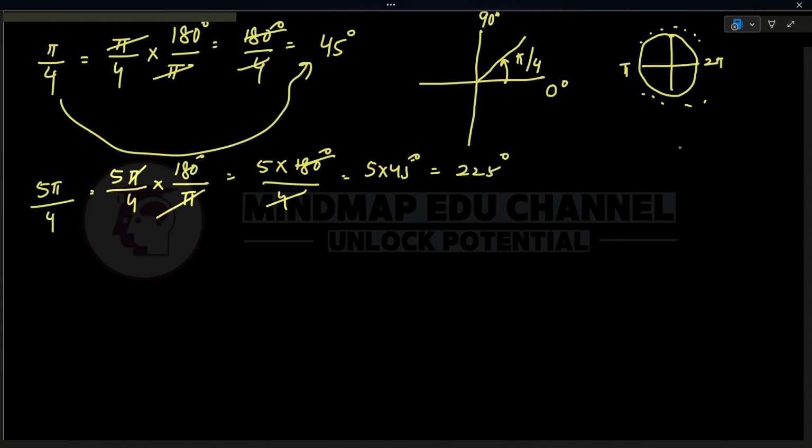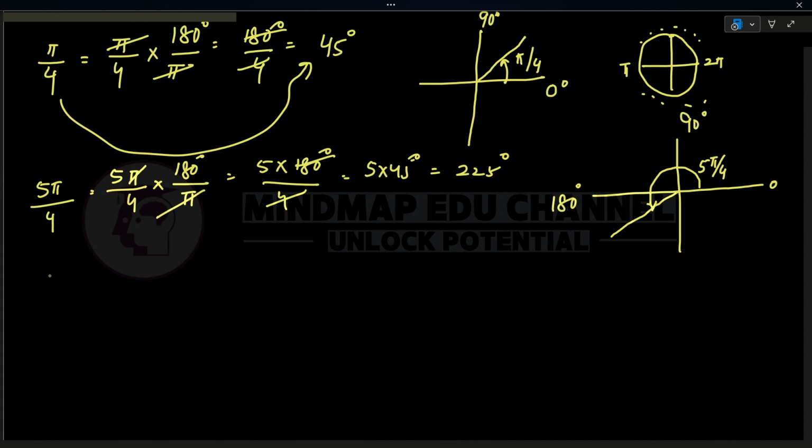Clear? So let's plot it. It's 0 here, it's 90 degrees here, it's 180 degrees here and I have 225, so it will be somewhere here. So my angle from 0 towards this angle is 5π/4.